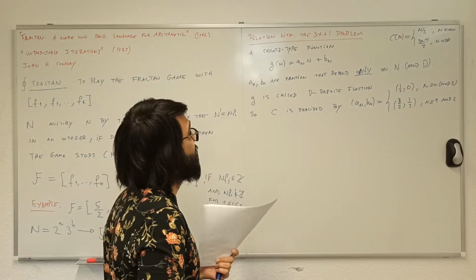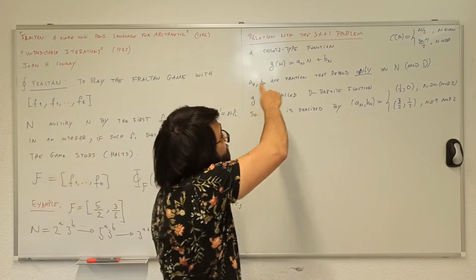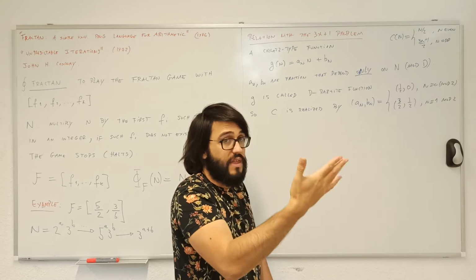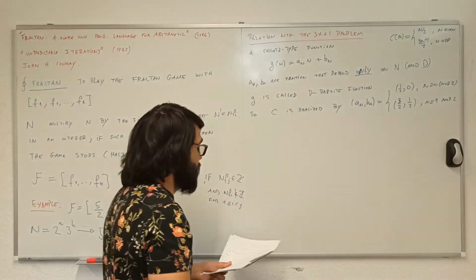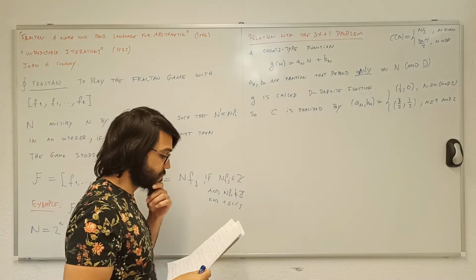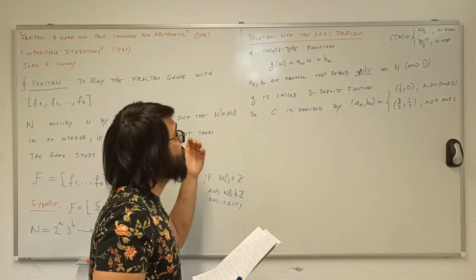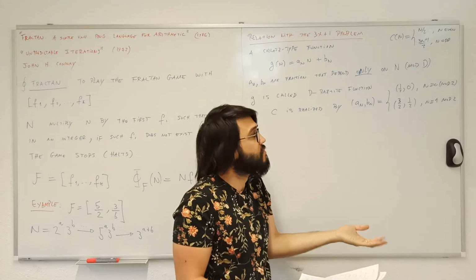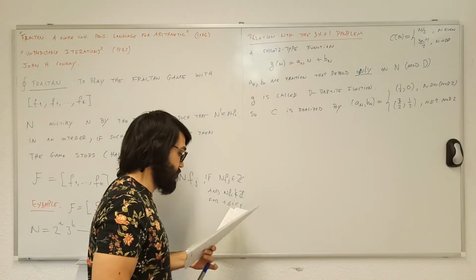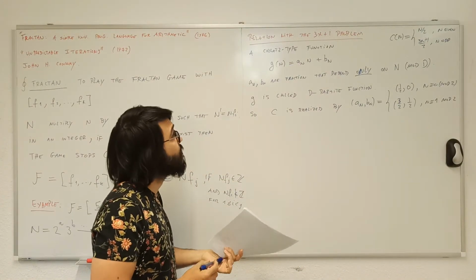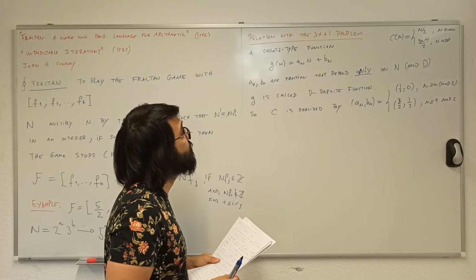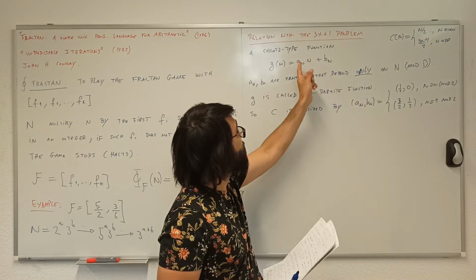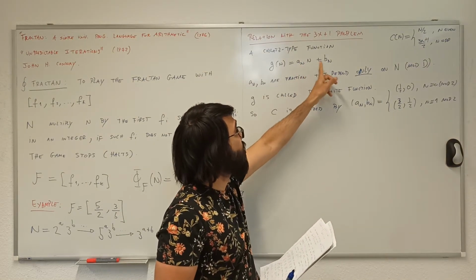If you think about Collatz type functions in this way, it is not guaranteed that whenever you start with an integer, it gives you an integer. But that's a very general class of Collatz type functions. Observe that these fractions will all have denominators.